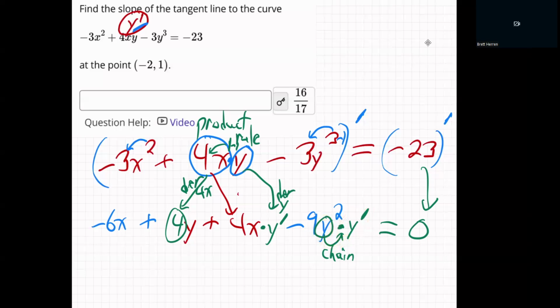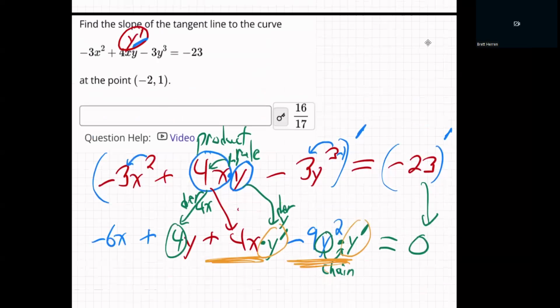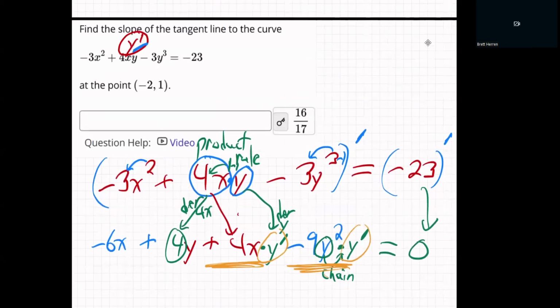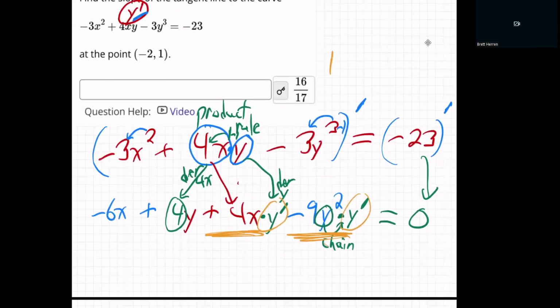We did the derivative. Now, notice this term and this term both have a y prime. So let me write out some steps here to make this easier because this is a long one. So step 1, take the derivative of both sides.